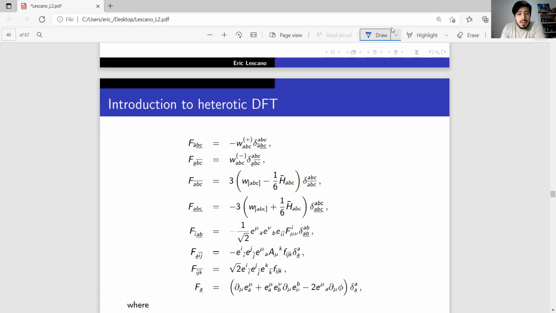If you observe, we can parameterize the generalized fluxes. This is also an exercise, and some components are very important to us, like this one and this one, because these components of the generalized fluxes are very related to the spin connection with torsion. Here we see some relations between double field theory or gauge double field theory and the Virchow-de-Roux approach. The connection appears with torsion from double field theory.